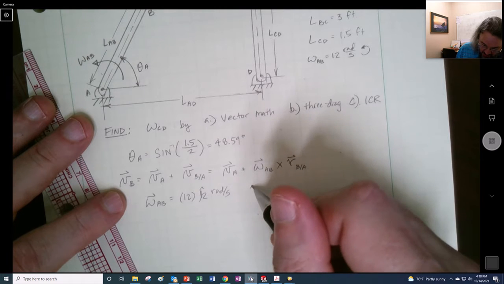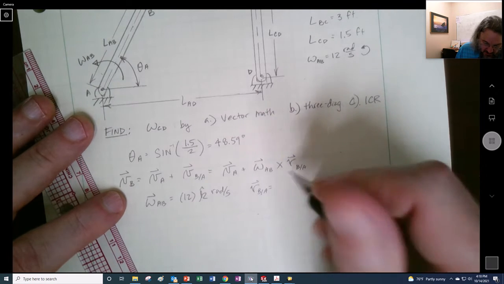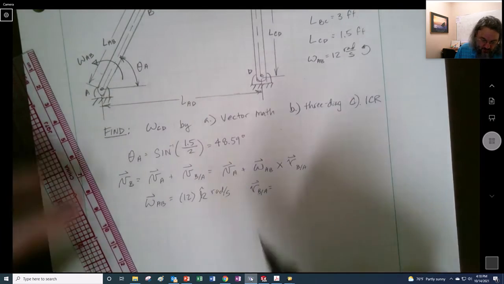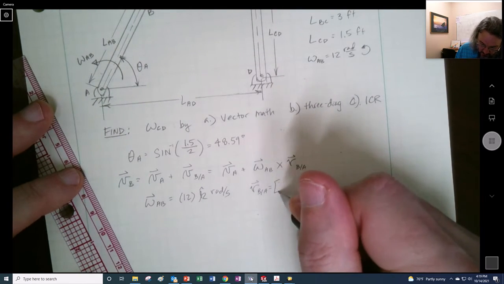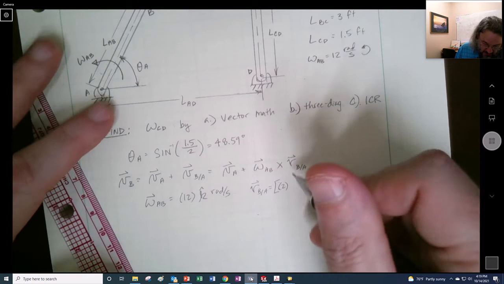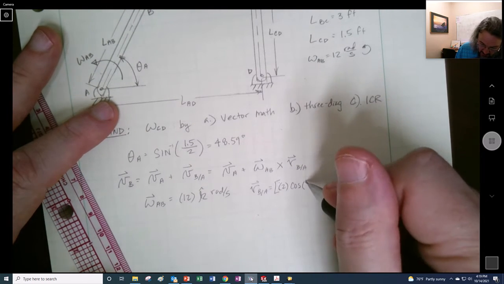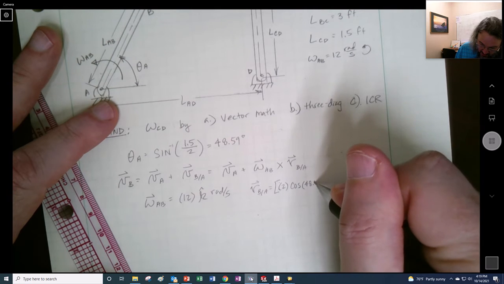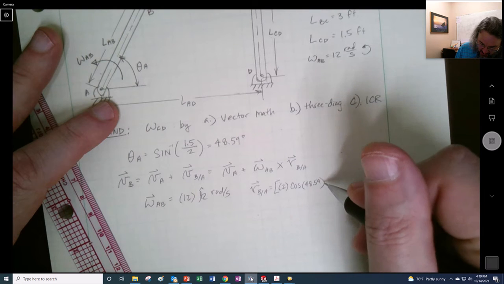We can find R B with respect to A is going to be equal to 2 feet times the cosine of 48.59.